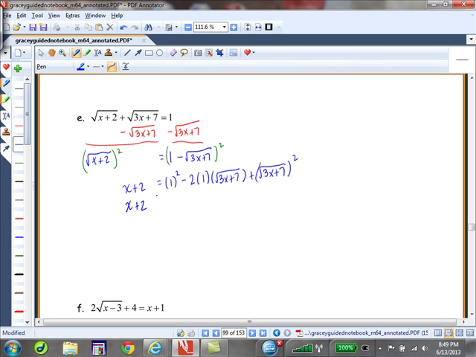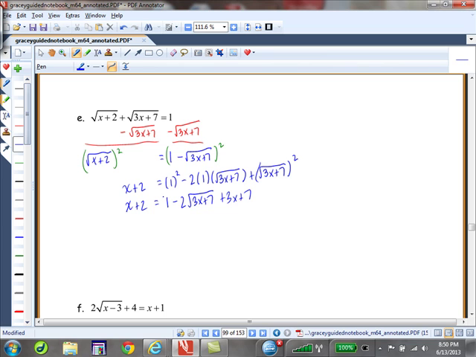So we'll get x plus 2 equals 1 minus 2 of these root 3x plus 7s. And then when I square a square root, I just get the radicand. Now I need to work with this so that I isolate the radical term again.